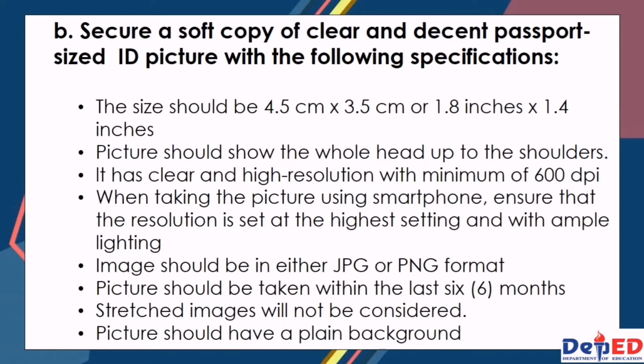Next, it has clear and high resolution with a minimum of 600 dpi. Next, when taking the picture using a smartphone, ensure that the resolution is set to the highest setting and with ample lighting. Next, the image should be in either JPEG or PNG format.